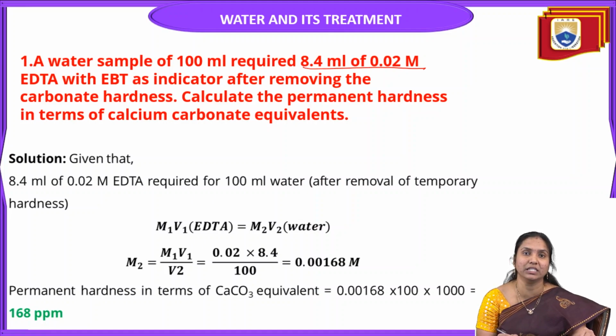The EDTA abbreviation is ethylene diamine tetraacetic acid. Generally, hard water contains hardness causing ions present in different amounts, for example calcium or magnesium ions of bicarbonates, chlorides, sulfates etc. How much hardness is present in that water can be estimated by using EDTA, because EDTA acts as a complexing agent.